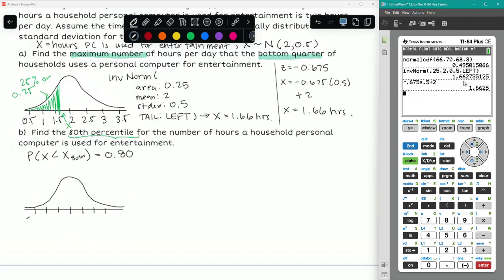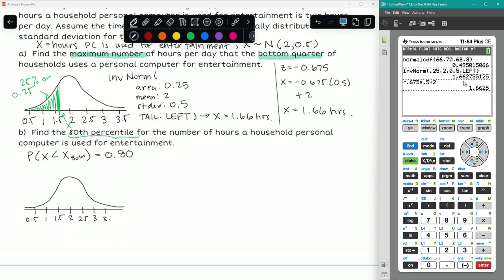In my standard normal picture, I want 80% of the data less than my boundary value. Percentile is 80% or less than or equal to my value. So where is that 80% divider? So let's go ahead and label our curve and mark where we think that sits.